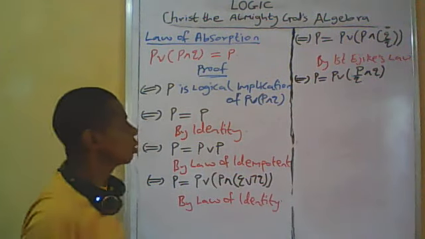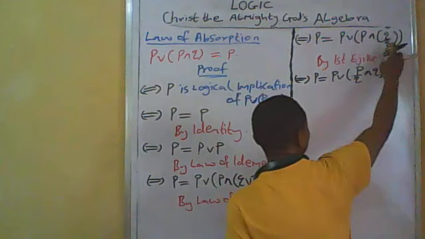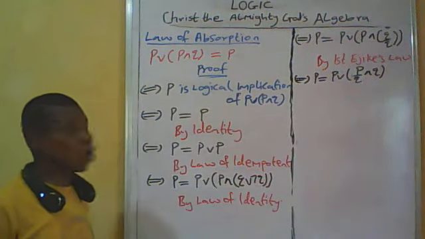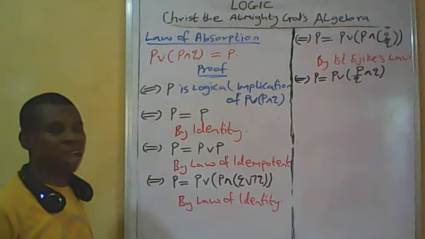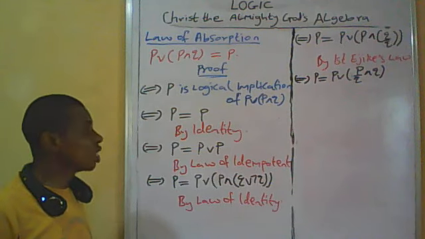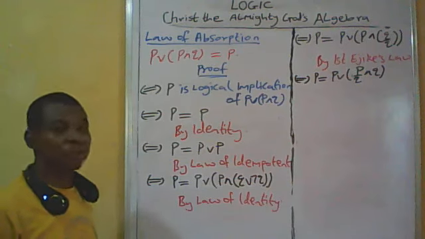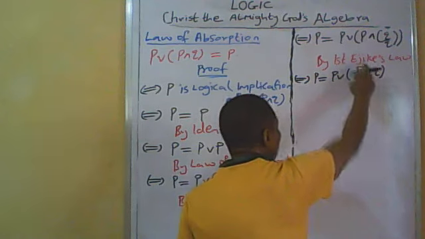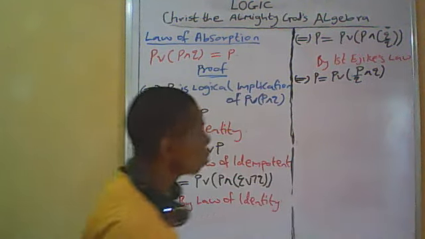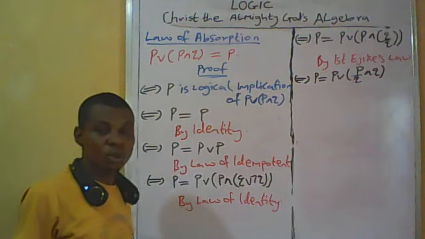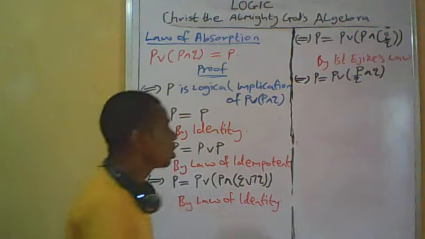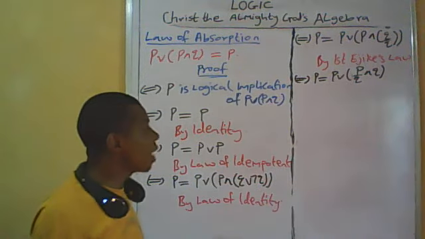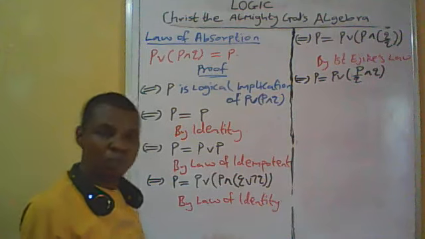You see that you have now distributed this Q to this first conjunct P. That's why we have P or (P upon Q and Q), and it's still equal to P. In the sense that this P upon Q is equal to not Q or P, and P is equivalent to P and Q. So P and Q or P is equal to P.